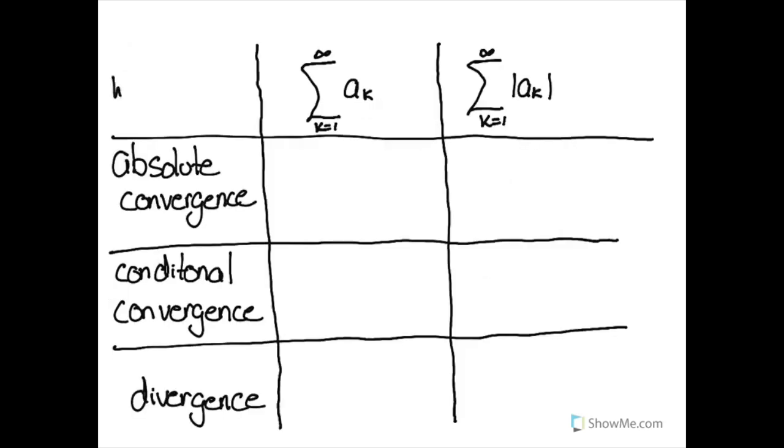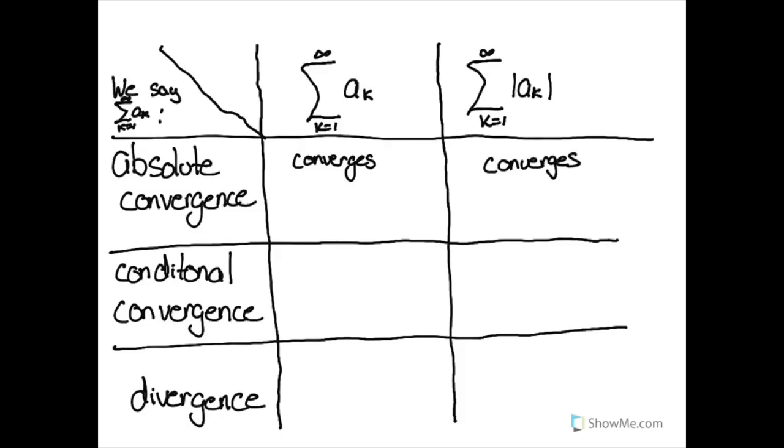We say the series ak from k equals 1 to infinity is absolutely convergent if the absolute value series converges, and this is by the previous theorem.